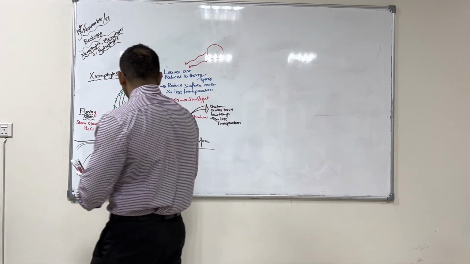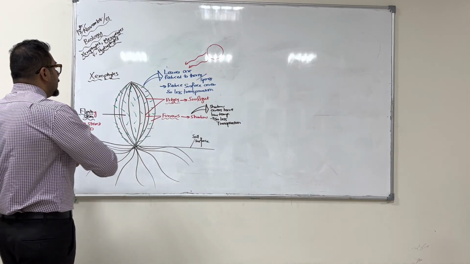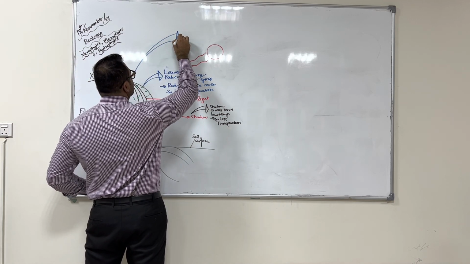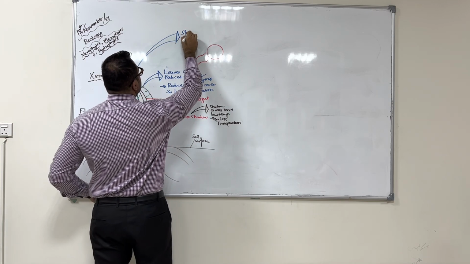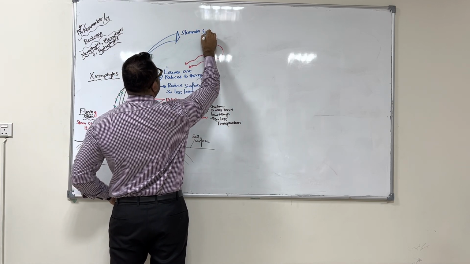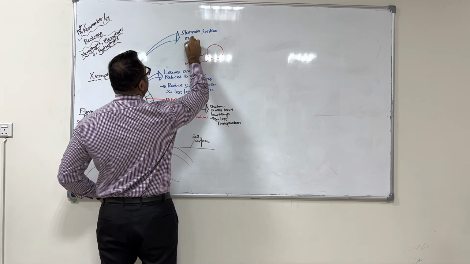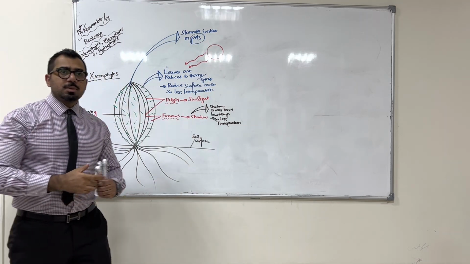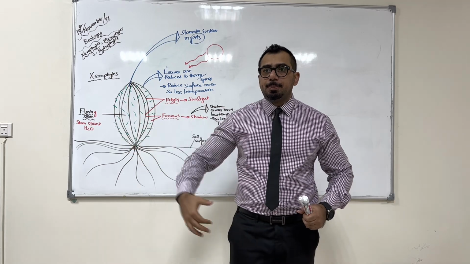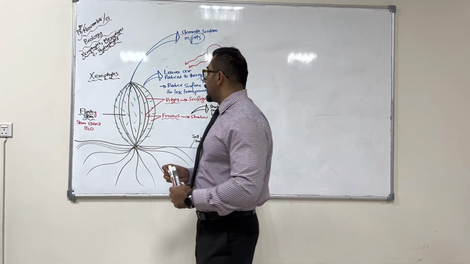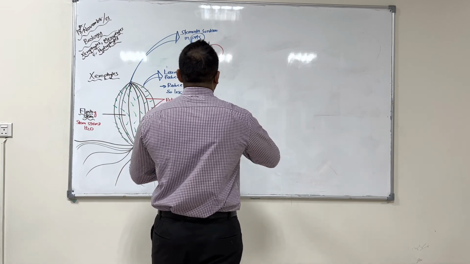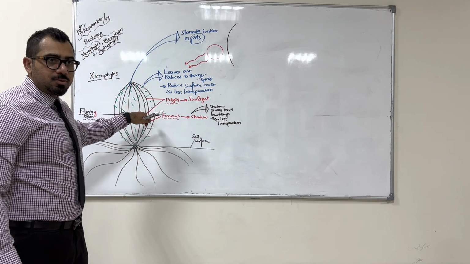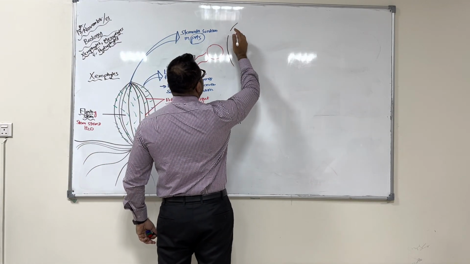Next thing was that these plants have stomata sunken in pits. So first of all, what is the meaning of a pit? Something deep, right? Let me show you guys with the help of a diagram. Let's suppose that this is the surface of this cactus plant, right? So there are pits, the deep areas.